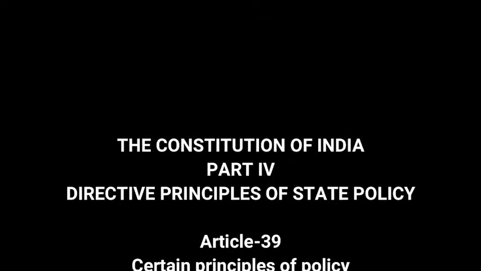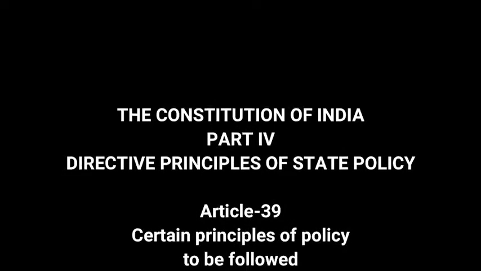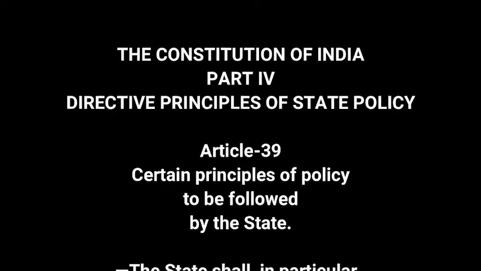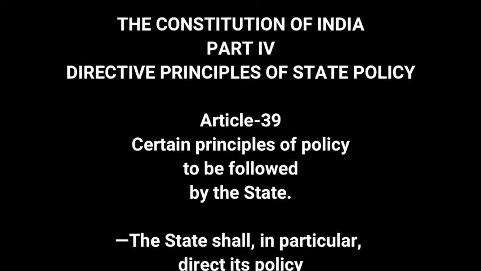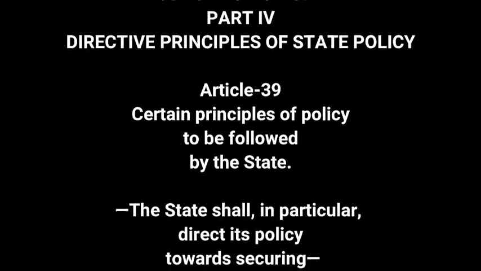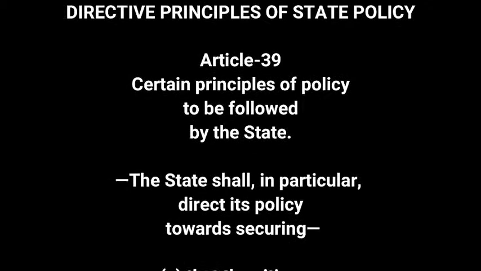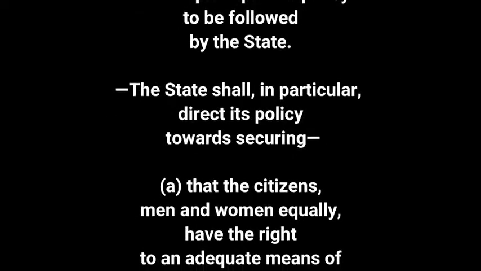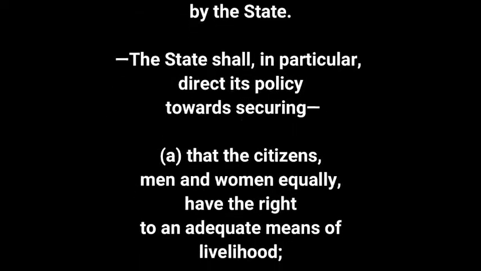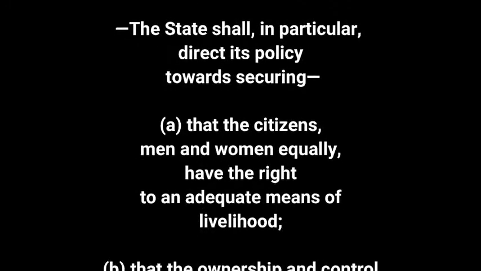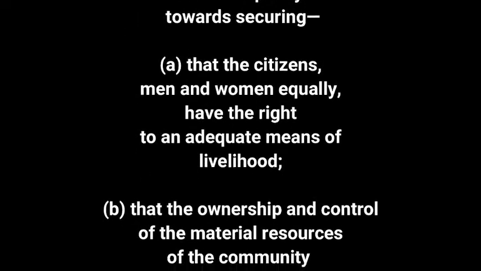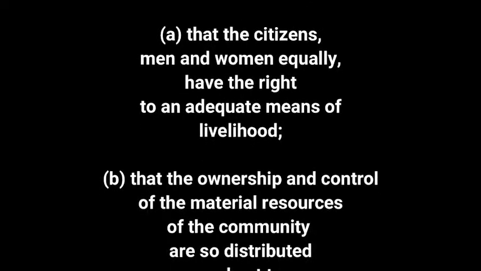The Constitution of India. Part 4. Directive Principles of State Policy. Article 39. Certain principles of policy to be followed by the state. The state shall, in particular, direct its policy towards securing: a. That the citizens, men and women equally, have the right to an adequate means of livelihood. b.